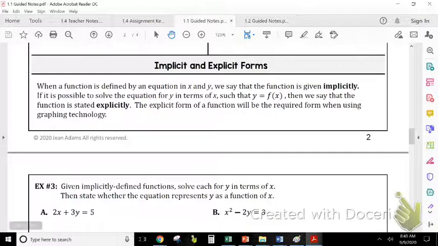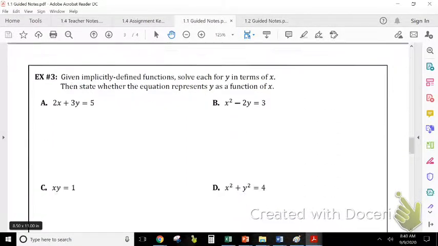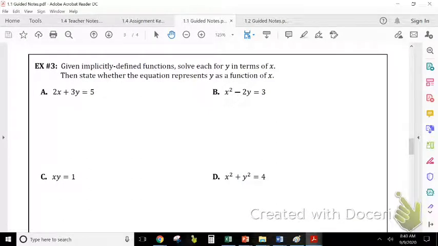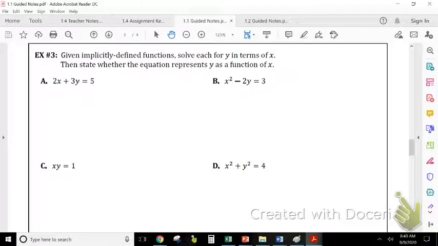So example 3 says, given the implicitly defined functions, solve each for y in terms of x. Then state whether the equation represents y as a function of x. So I'm going to take a, and I've got to solve for y first. So let's subtract the 2x. And so we have 3y equals 5 minus 2x. Then we're going to divide everything by 3.